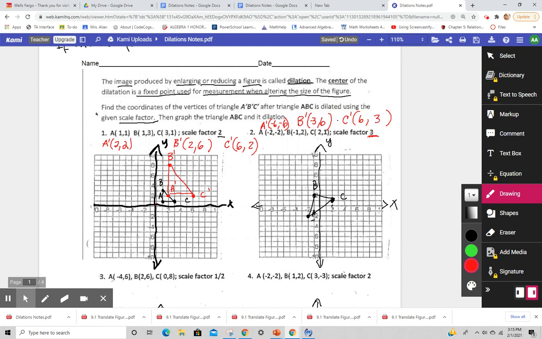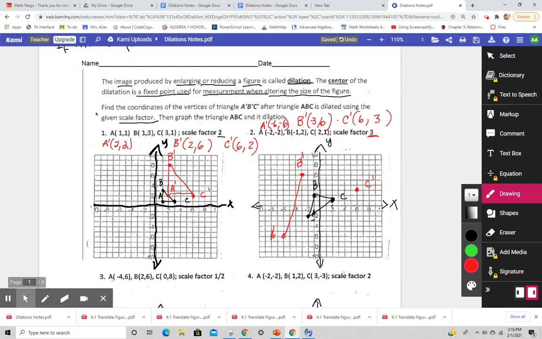And I just have to plot these points. So -6, down 6 is right here. That's A prime. -3 and up 6 is here. That's B prime. And 6, up 3 is right here, C prime.